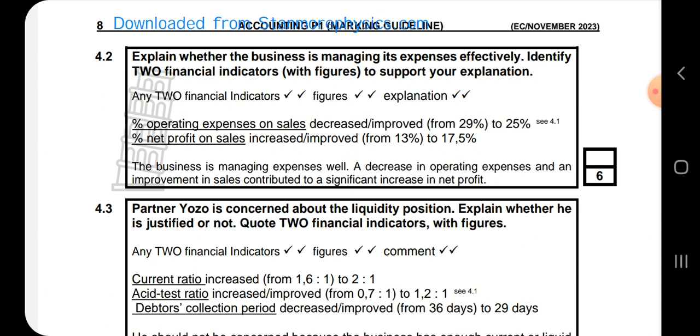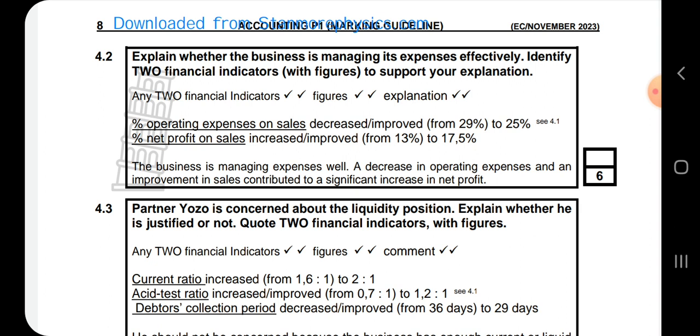So we have operating expense on sales, decrease, improved. So expenses decreased from last year from 29%. When we check the table that I asked you to look at, the expenses went down from 29% to 25%.